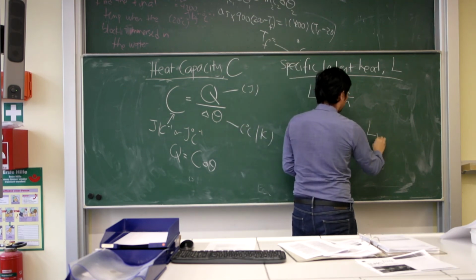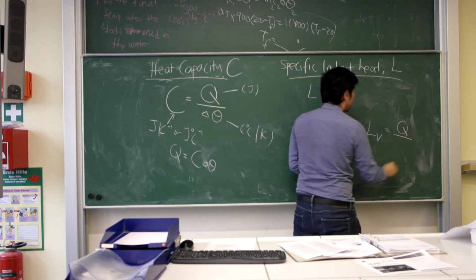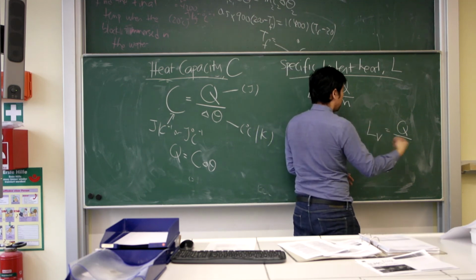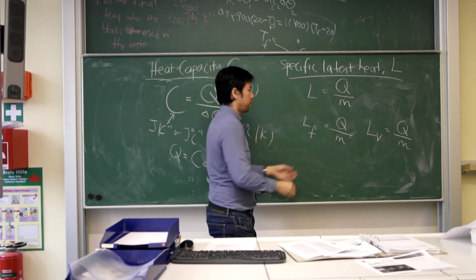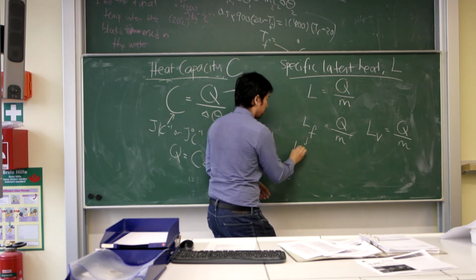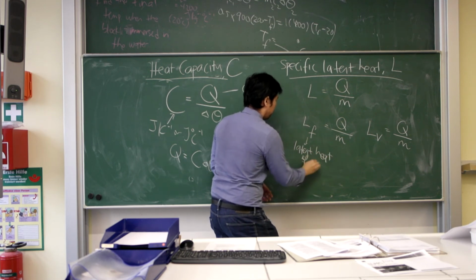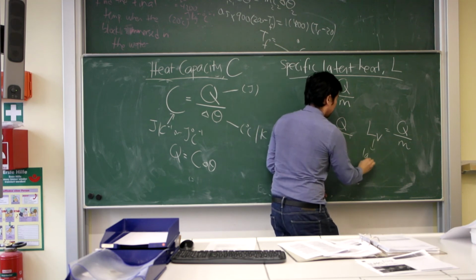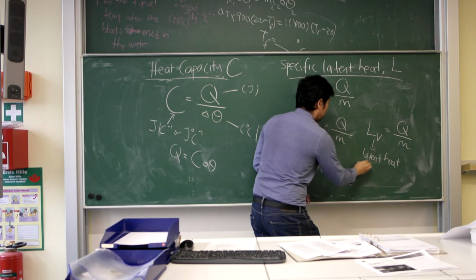Latent heat of vaporization is the amount of heat required to change the phase of a kilogram substance from liquid to gas. The formula is the same, it's Q = mL. We call this latent heat of fusion, and this is called latent heat of vaporization.